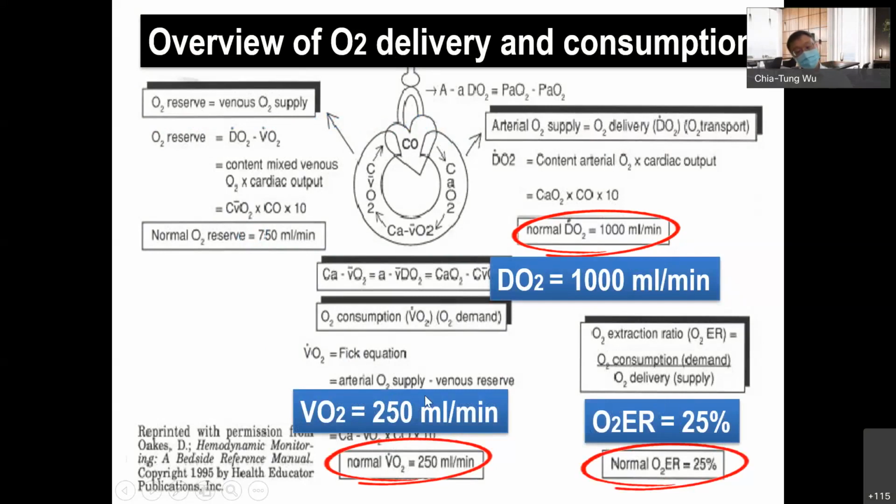But if we perform an exercise like 5 MET or 6 MET, our delivery of O2 also increases during exercise. But if we do a very vigorous exercise like 10 MET, definitely the O2 will not be enough for our body. So our muscle can use glucose as anaerobic metabolism.